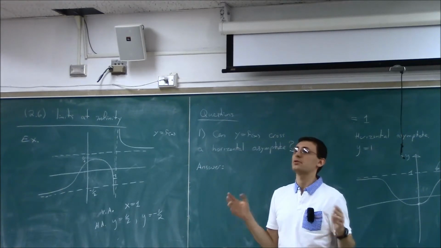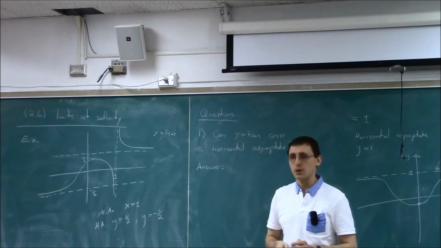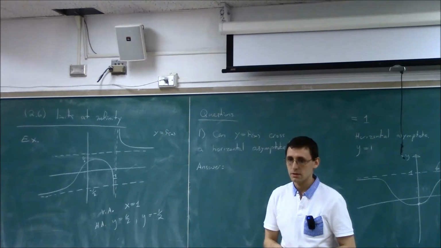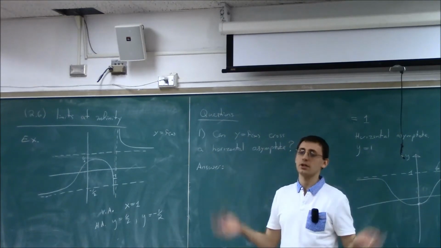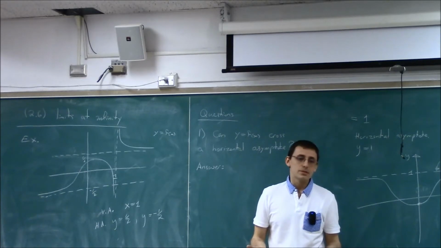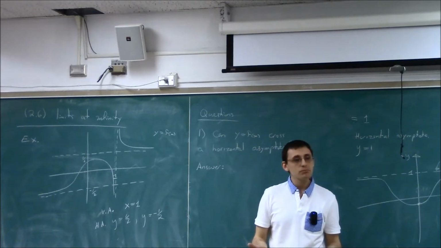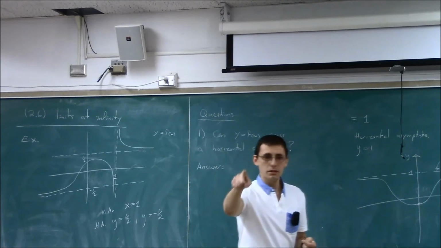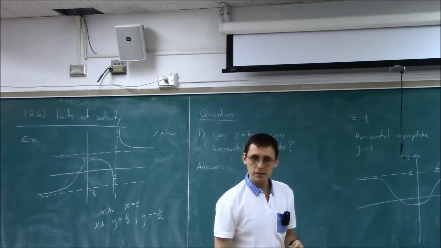But my question is, could you find a function where the graph crosses the horizontal asymptote if one has a horizontal asymptote? I'm asking a theoretical question. Two people say no. Yes? Why yes?